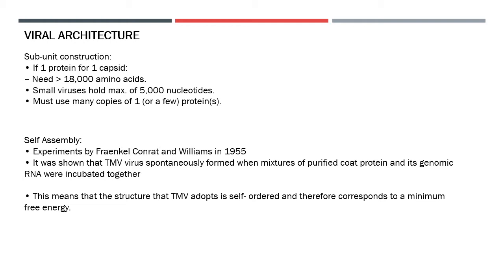If it were one protein for one capsid, then a structure would need more than 18,000 amino acids. Okay, a small virus can hold a maximum of 5,000 nucleotides. So it must use many copies of one protein, or of a few proteins.